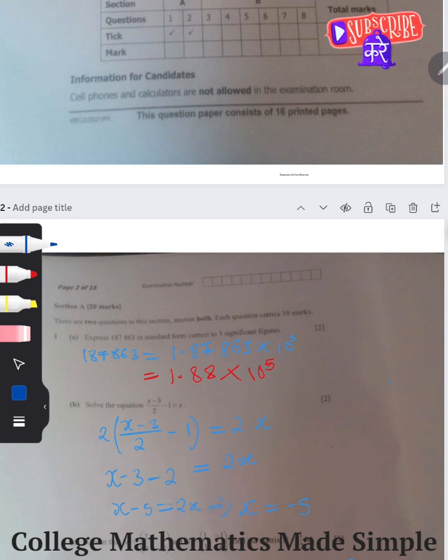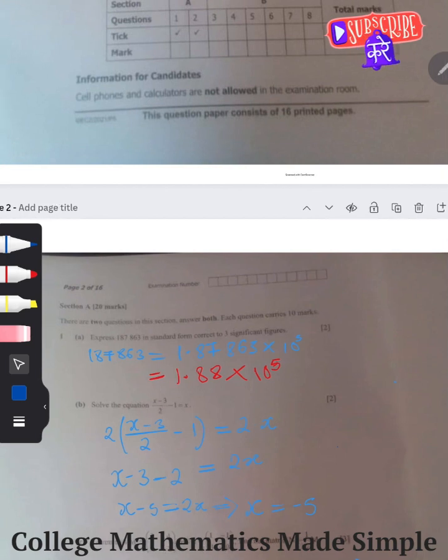The next question says solve the equation. The equation is x minus 3 over 2 minus 1 is equal to x. First of all, we are going to multiply throughout by 2. The purpose is to remove this fraction.